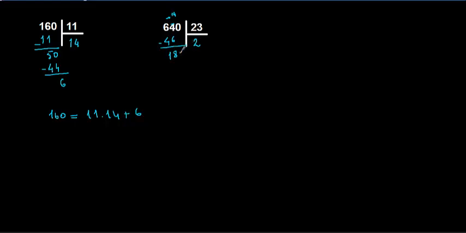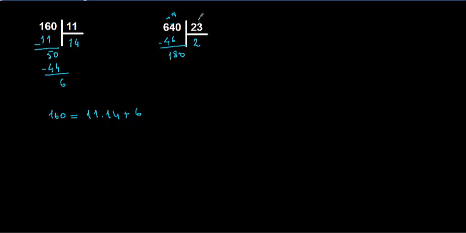So the result is 18. In 18 we don't have 23, so we bring this 0 down and try to find the number here, and probably this number is going to be 7.